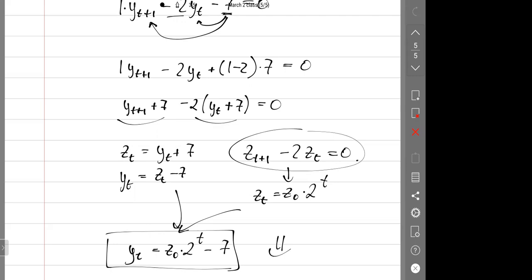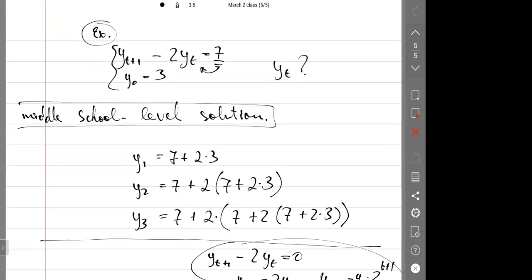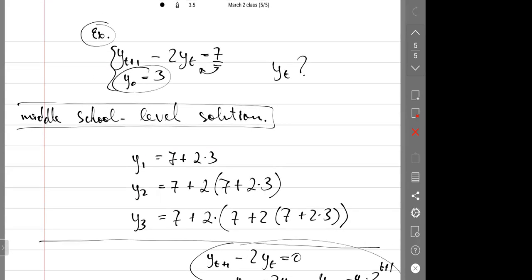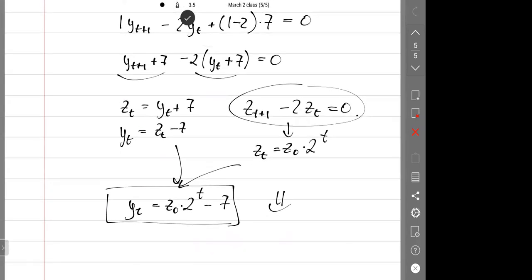Okay, any questions? I forgot the initial condition, sorry. y0 is 3. But I think you can finish it. If y0 is 3, then z0 times 2 to the power 0 minus 7 is 3.